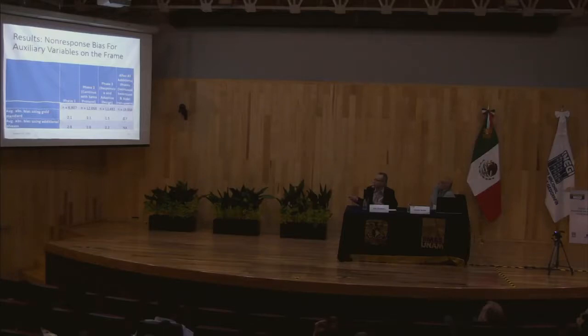And so the average bias here in phase 1 was 2.1 based on the gold standard, and then based on what we found at the end after the extended effort was 2.8. That was exactly the same if we didn't introduce this design, right? So phase 2 didn't really change that bias. Going to the adaptive survey design, we changed that bias.